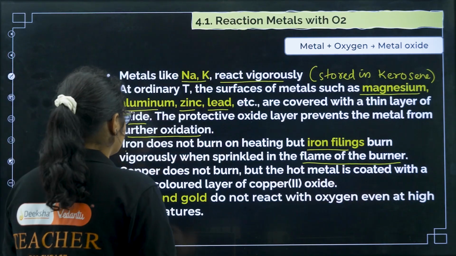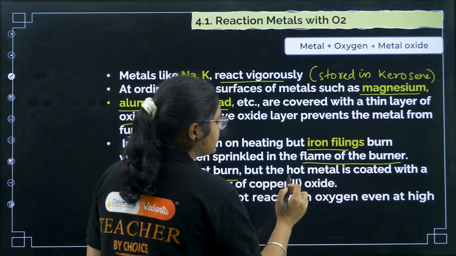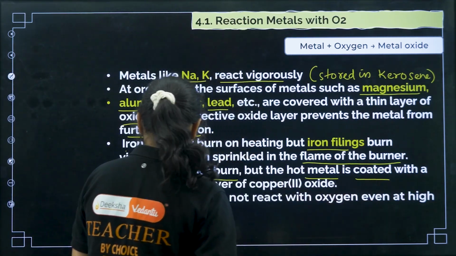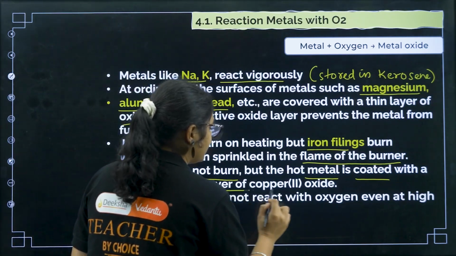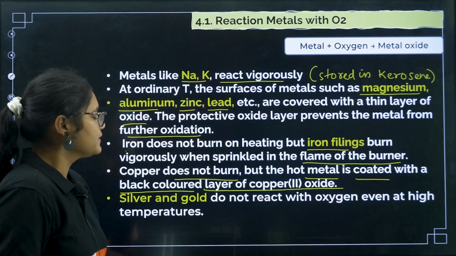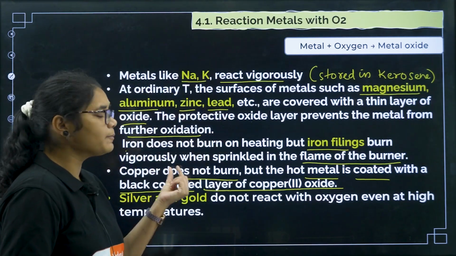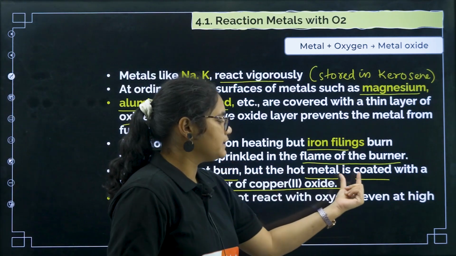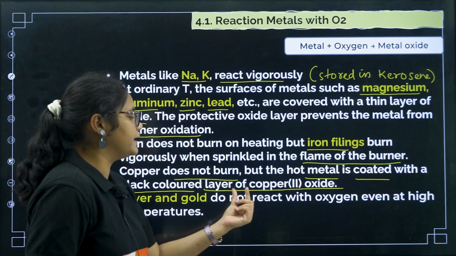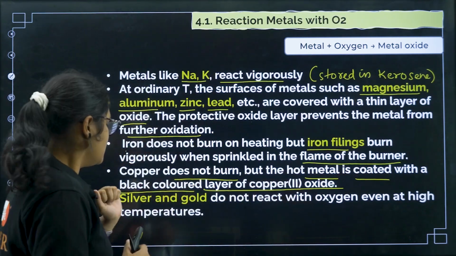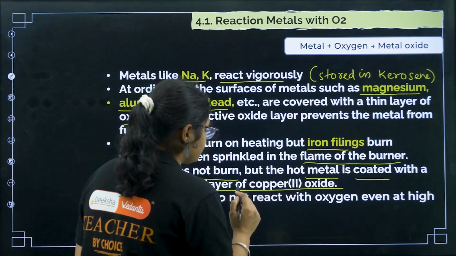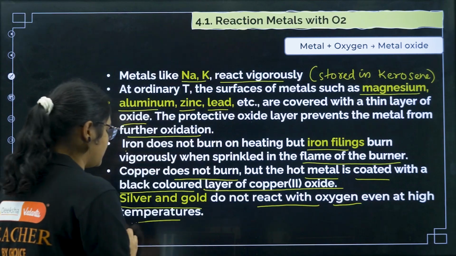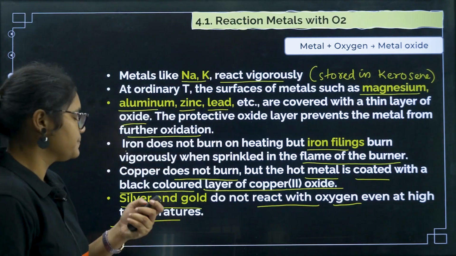Copper does not burn, but the hot metal is coated with a black colored layer of copper oxide. Silver and gold do not react with oxygen even at high temperatures.